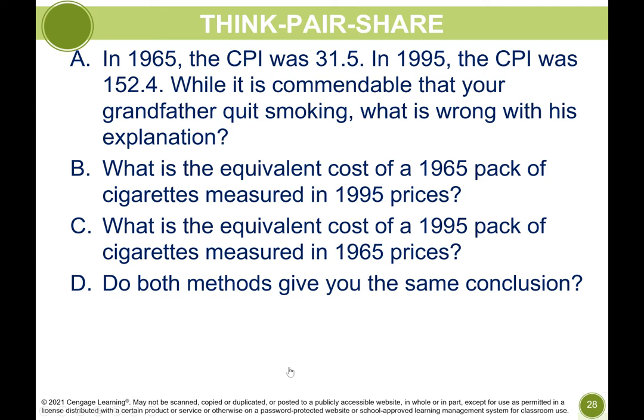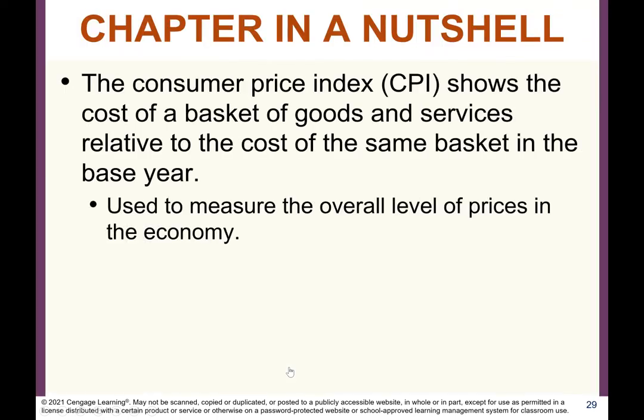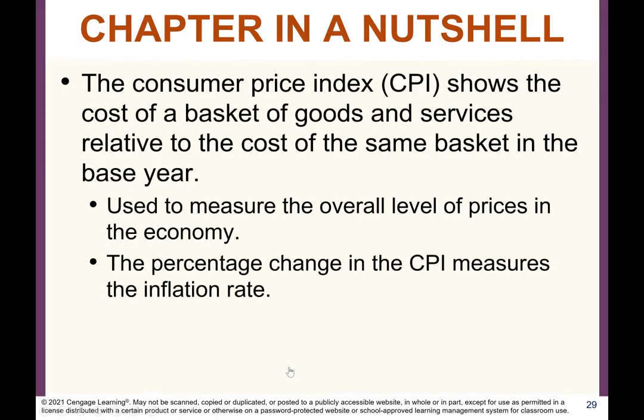Number C, what is the equivalent cost of a 1995 pack of cigarettes measured in 1965 prices? Number D, do both methods give you the same conclusion? Think about that.